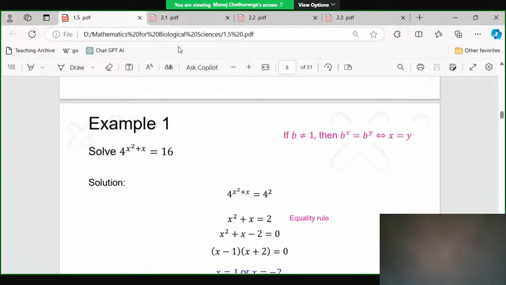So to solve this equation for x, we need to get rid of the base. We need to somehow have the same base, but maybe different powers. So this is not that difficult. You have done this already multiple times in school. 16 is 4 to the power 2.